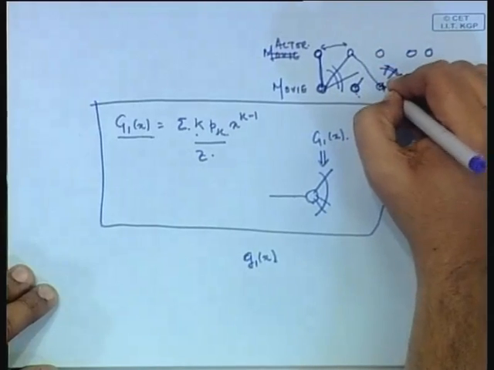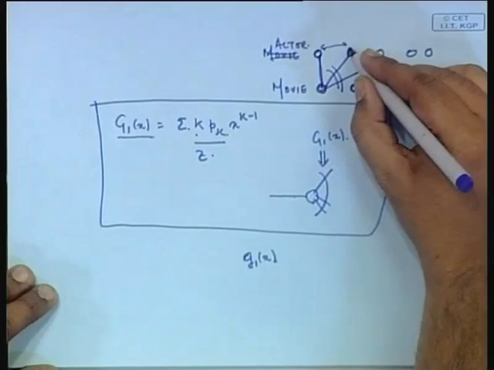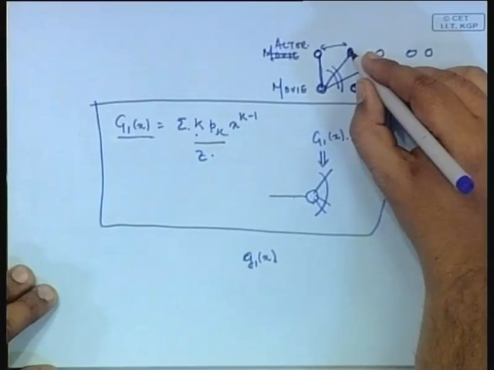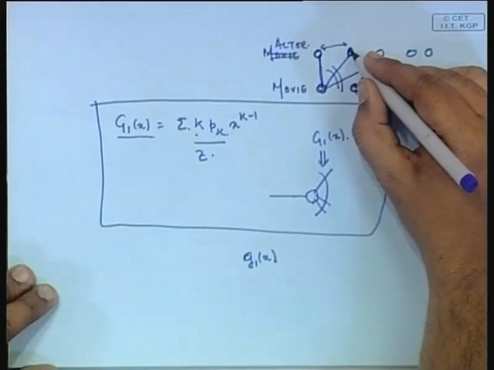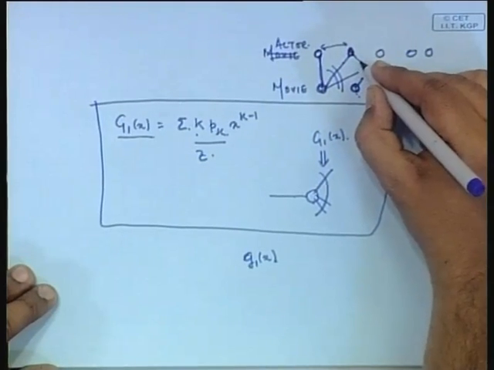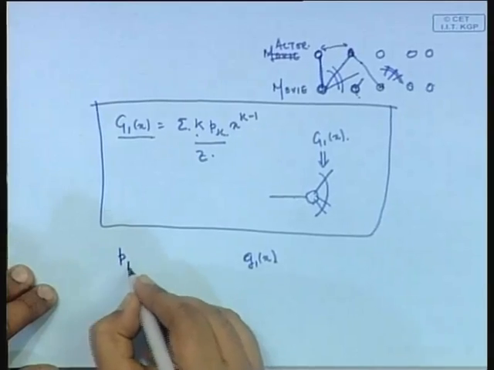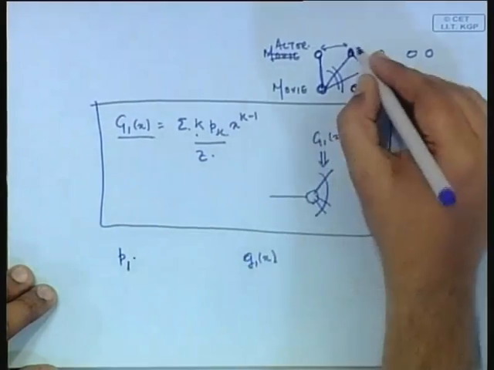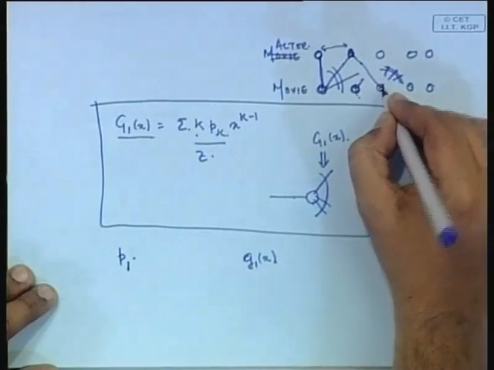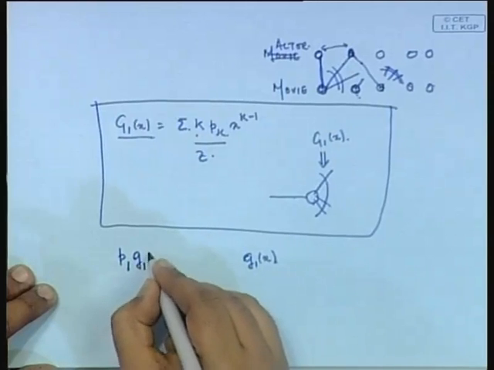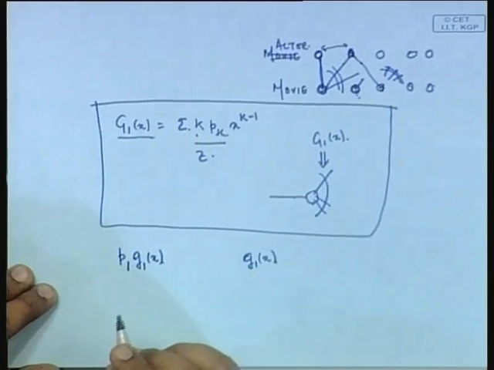So now it depends, if you pick up a random node, then what will happen? It can have one edge, then P1. One edge will reach you to one node, and that node will give you this distribution.